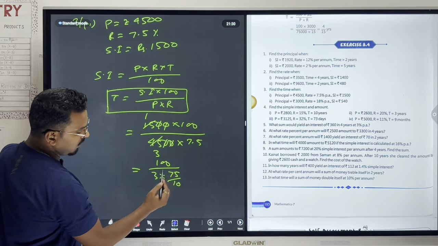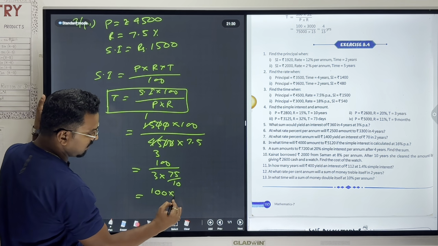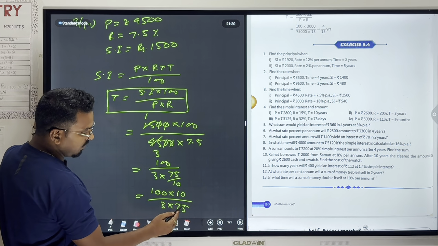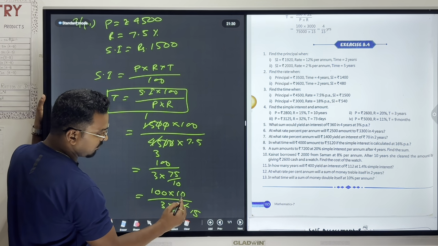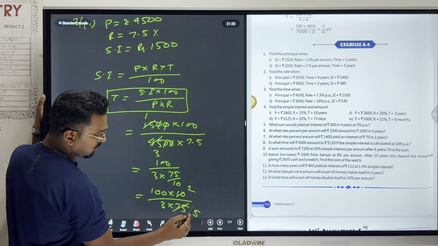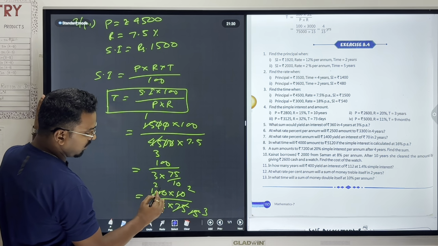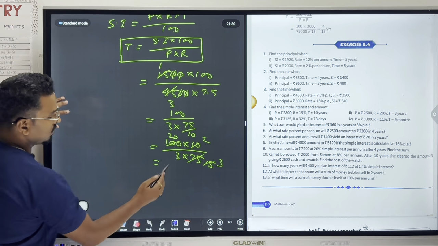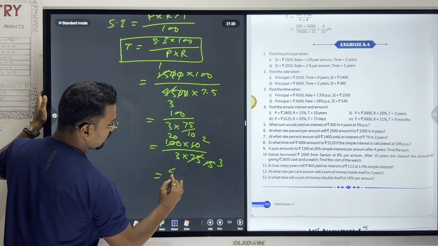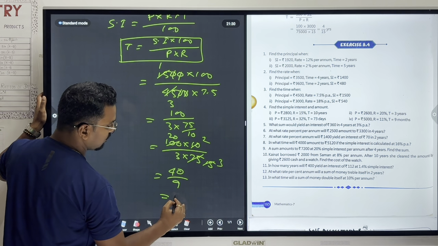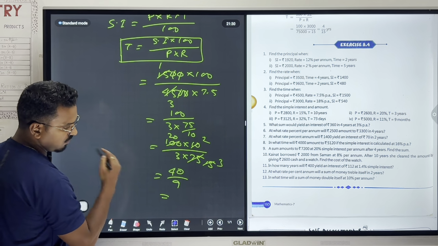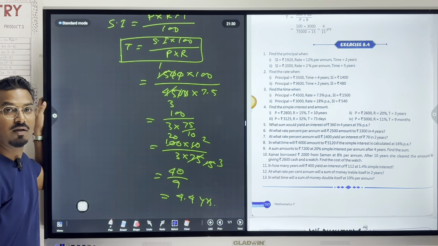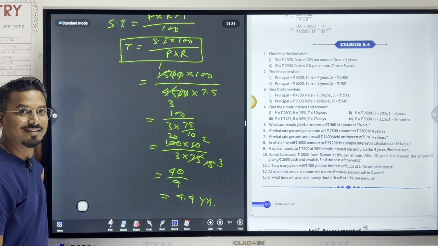This 10 moves to the numerator, so 100 multiplied by 10 divided by 3 into 75. Dividing by 5, 5 15s are 75, 5 2s are 10, 5 20s are 100. So 20 into 2 is 40, and 3 3s are 9. So it will be 40 divided by 9, which is 4.4 years. Clear?